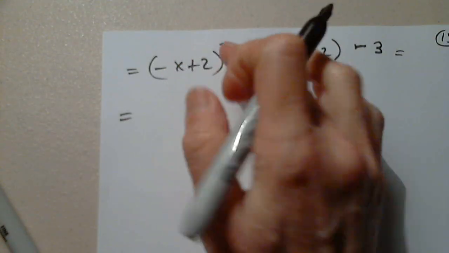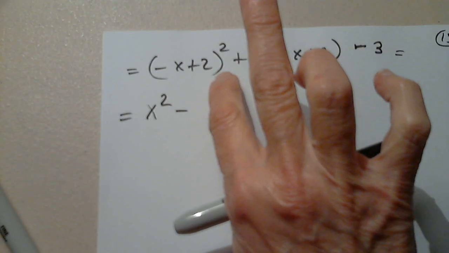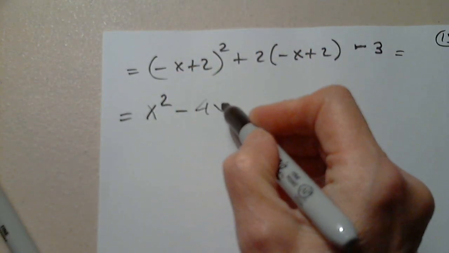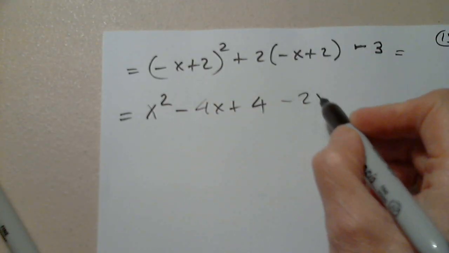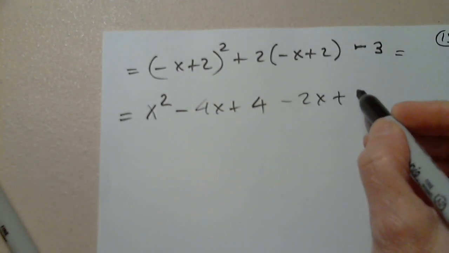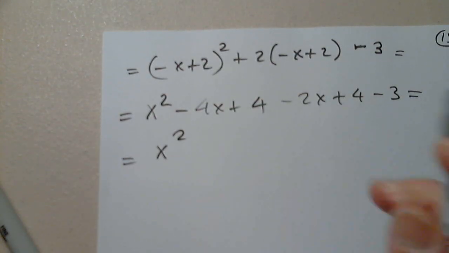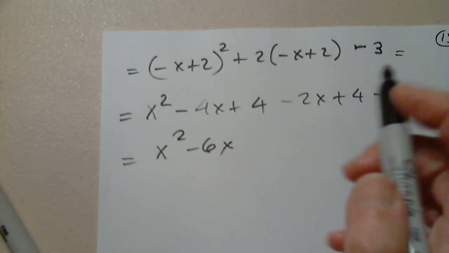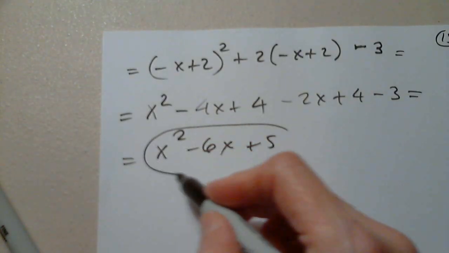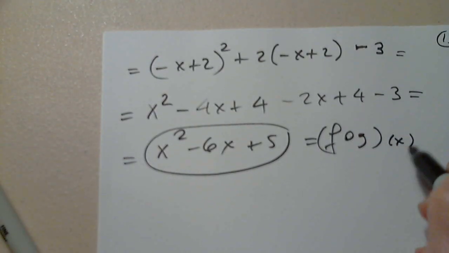The first term squared minus 2 times the first times the second plus the second term squared, minus 2x plus 4 minus 3: x squared minus 6x, 8 minus 3 is positive 5. This is f comp g of x.